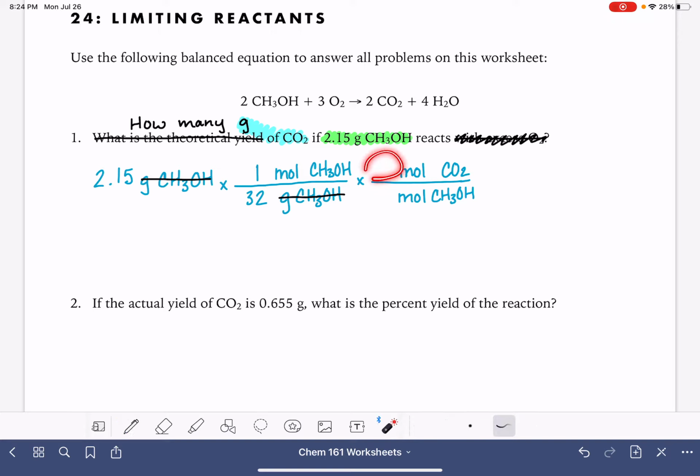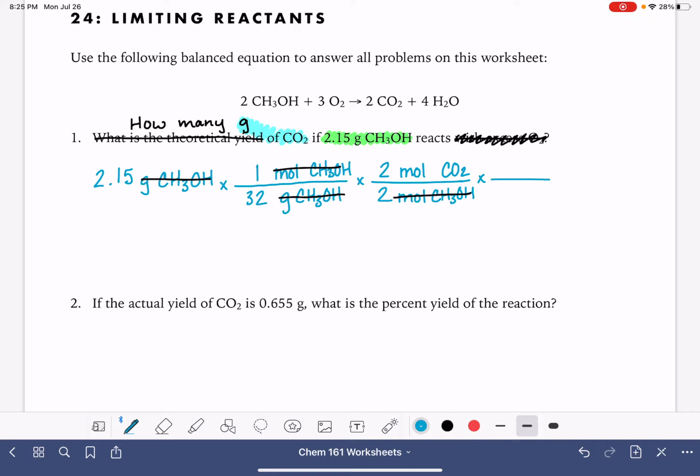And we fill this conversion factor in using the coefficients from the balanced equation. The coefficient for CO2 is 2. The coefficient for CH3OH is also 2. Again, that comes from the balanced equation, and that's going to allow us to cancel out that moles of CH3OH unit.